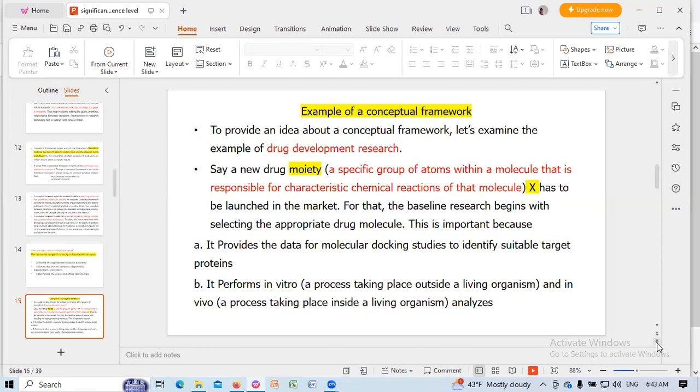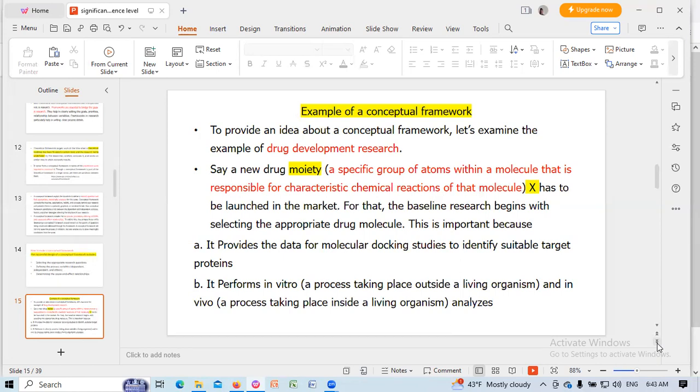For that, the baseline research begins with selecting the appropriate drug molecule. This is important because it provides the data for molecular docking studies to identify suitable target proteins.